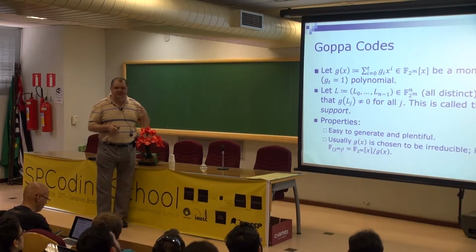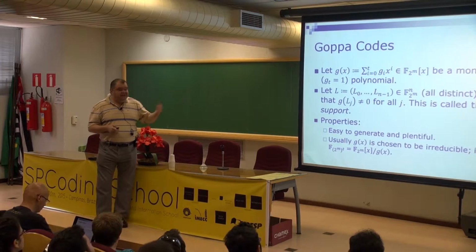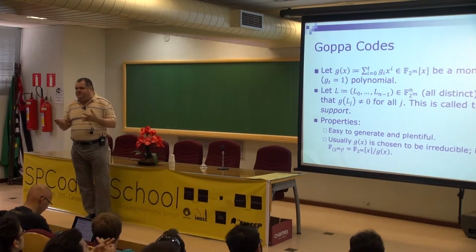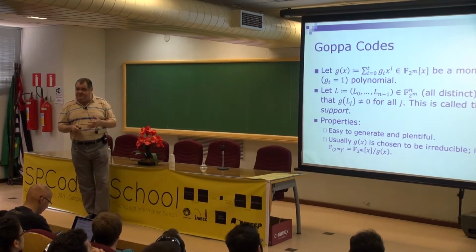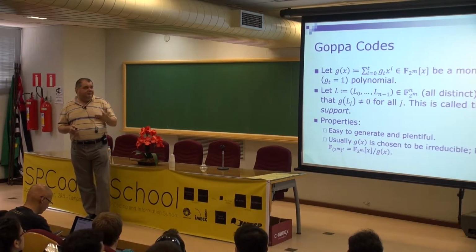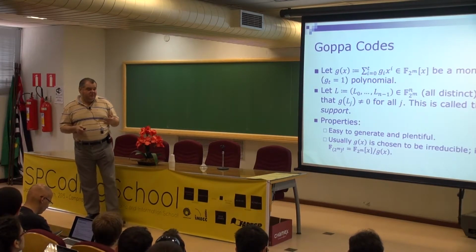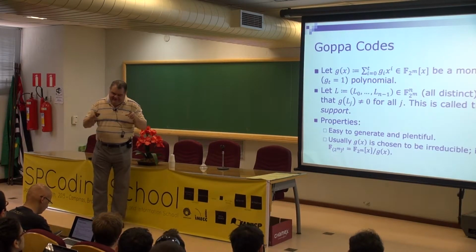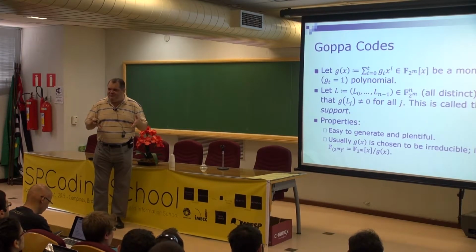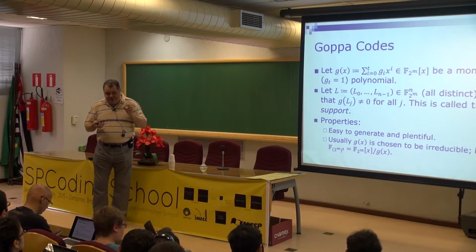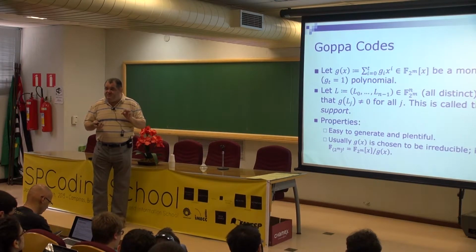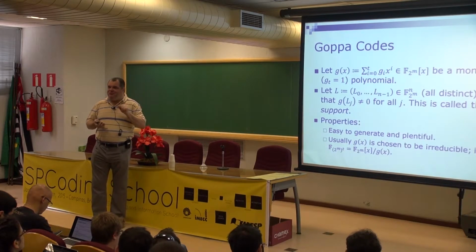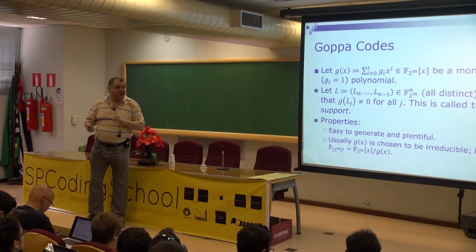So the notation here is reminiscent of what we find when studying generalized Reed-Solomon codes, because they are a subfamily of generalized Reed-Solomon codes. And surprisingly, although if we pick a random GRS code we can usually attack a cryptosystem, if we restrict ourselves to Goppa codes, we can't break them. It's a strong subfamily of GRS codes.